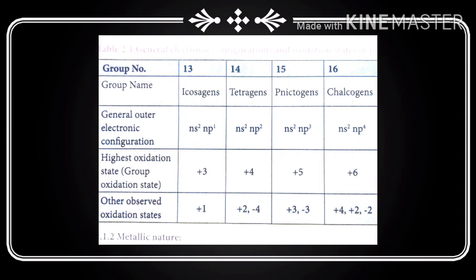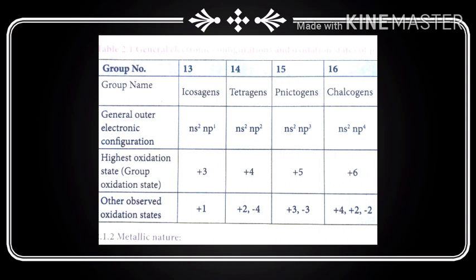So when you move down the group, what happens? The most stable oxidation state is 2 less than the group oxidation state. The group oxidation state is +3. If you reduce 2, it becomes +1.